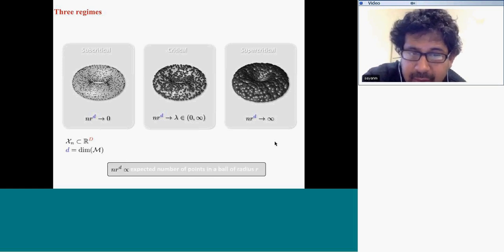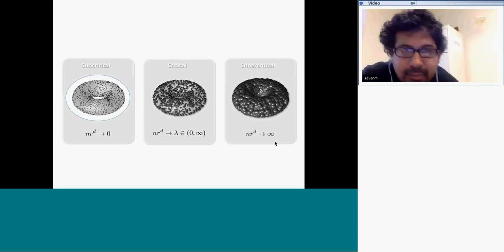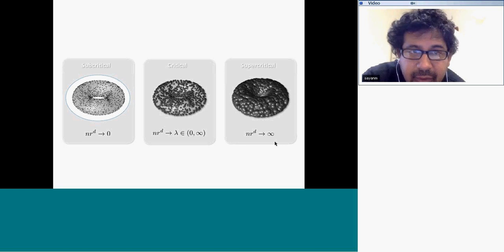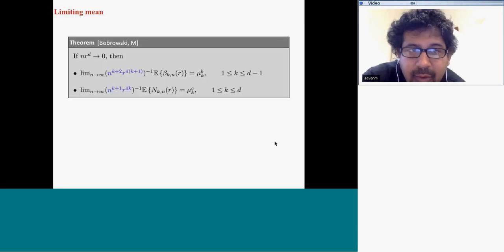You can think of n r^d as the expected number of points in a ball of radius r. If you first look at the subcritical regime, you can ask what is the limiting mean of the Betti numbers, which is the top line.